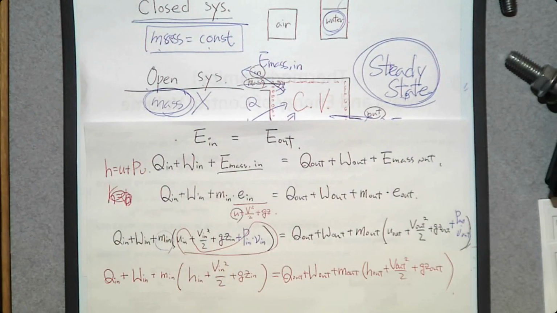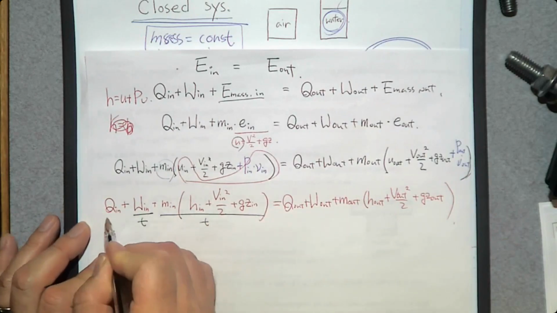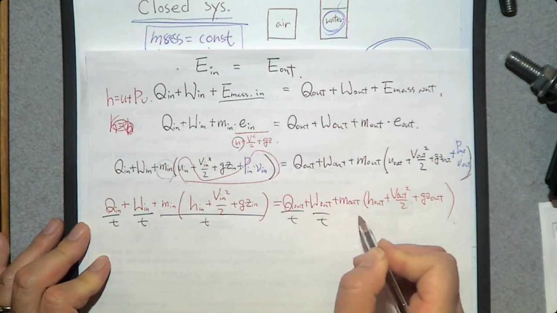It is much easier if we use mass flow rate instead of mass. When it is a steady state, we cannot determine what is the mass in the system, but we can determine the flow rate entering the system. So instead of mass, you can use mass flow rate. How can you use mass flow rate? Divide every term by time.